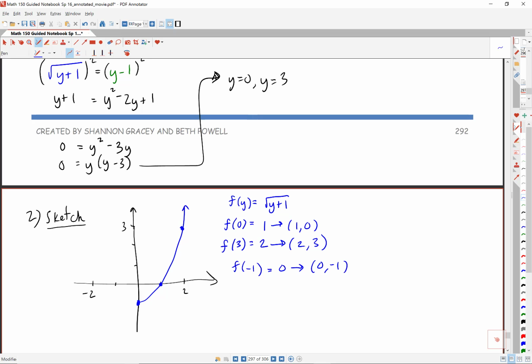Let's take a look at the other one. Your other one is g of y equal to y minus 1. And so this is going to be a line. So if we do g at 0, we'll get negative 1, which gives us the ordered pair negative 1, 0, which is here.